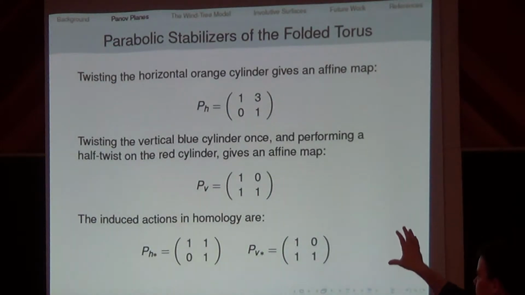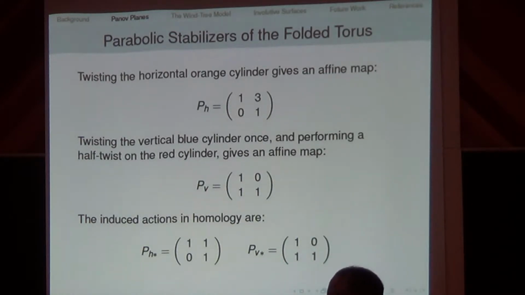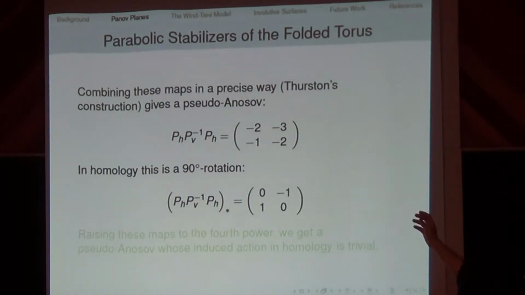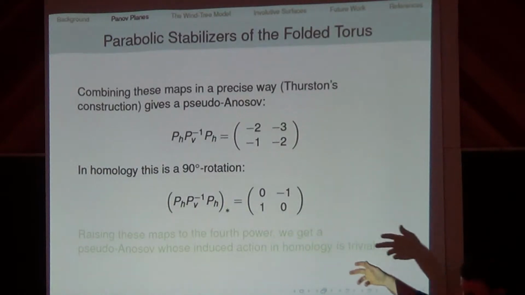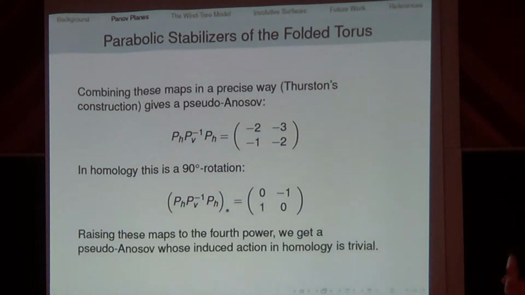What's important about these two particular maps is the way they act in homology. The reason that's important is that if you combine these maps in a certain way, you get a pseudo-Anosov whose action in homology is a 90-degree rotation. Since you have this 90-degree rotation in homology, if you raise this map to the fourth power, you have a pseudo-Anosov whose derivative acts trivially in homology.